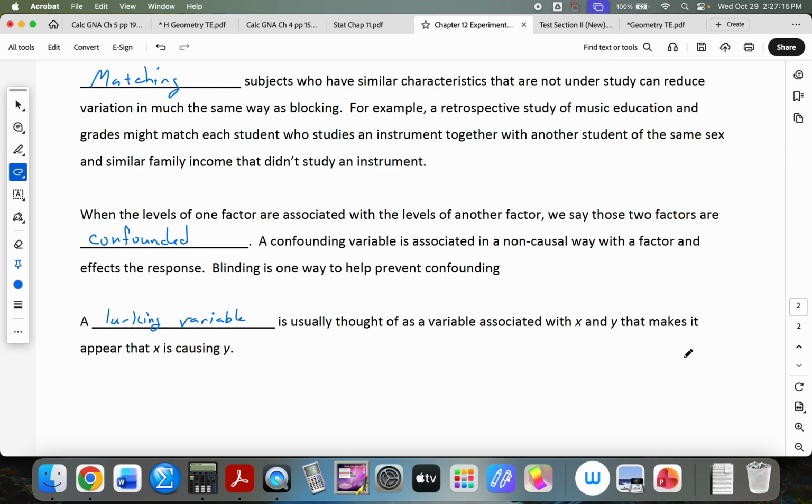Okay. For example, if you look worldwide at the number of TVs in a house, and you look at the general health of the people who live in the house, well, generally speaking, the more TVs, the healthier the people are. So clearly, TVs cause better health.